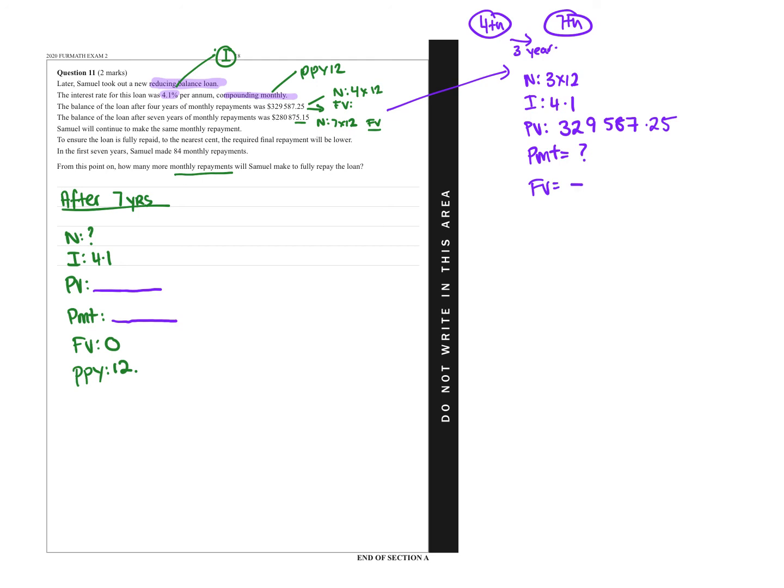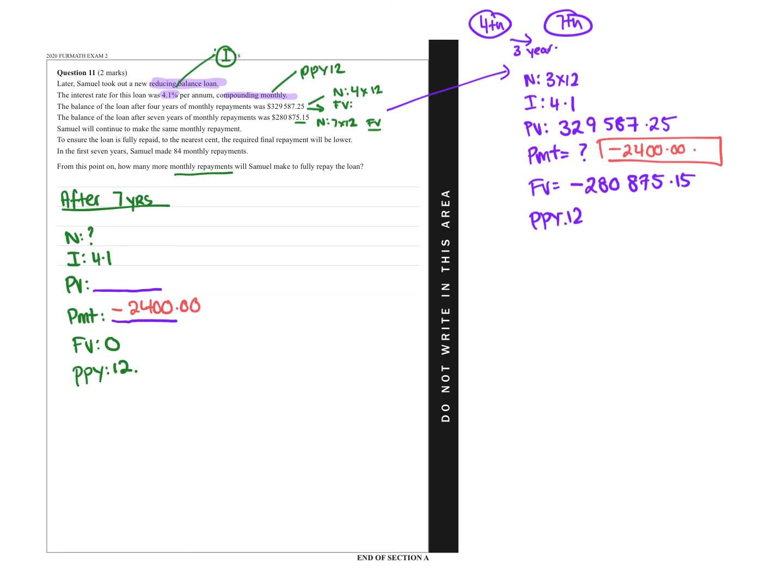Now he's still owing, so it's a negative 875.15, and the PPY is 12. Okay, so let's go find what his payments are. I get my payments to be negative 2,400.00. So now I know that his payments are that in this scenario.